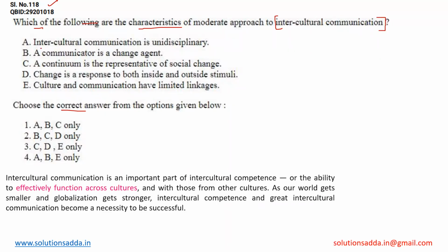In order to answer this question, we must know the meaning of intercultural communication. Intercultural communication is an important part of intercultural competence, or the ability to function effectively across cultures and with those from other cultures. As our world gets smaller and globalization gets stronger, intercultural competence and great intercultural communication become a necessity to be successful.